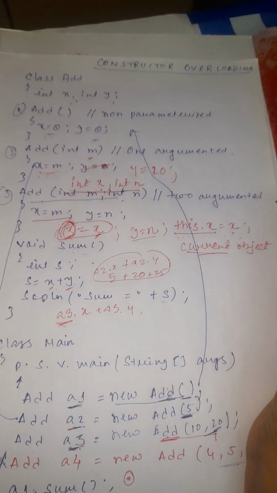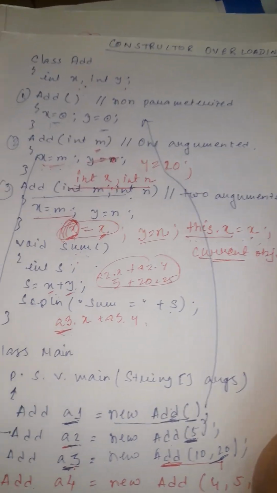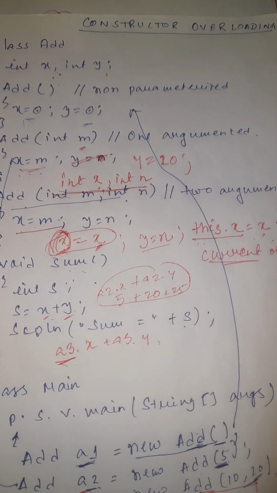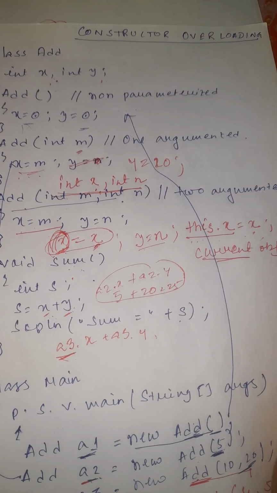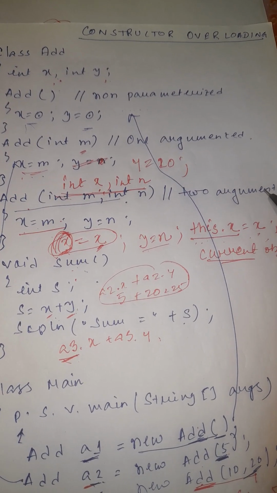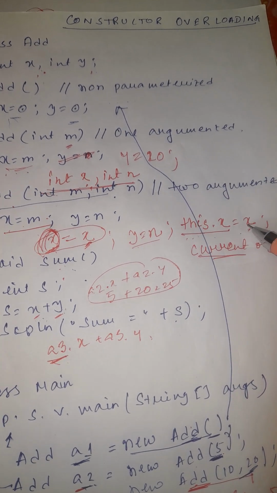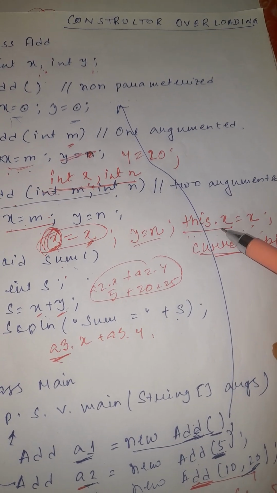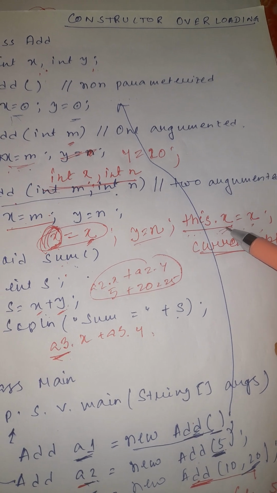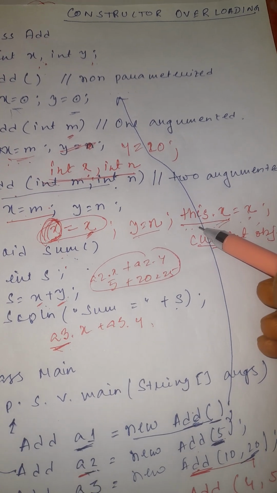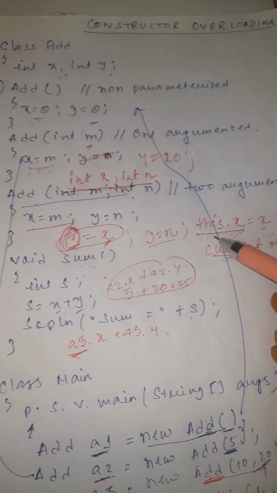This is used to represent your current object, and to resolve that confusion of which one is your object variable, object attribute, and which one is your passing attribute. So to represent your object attribute, you use the this keyword. Clear? What is the this keyword?